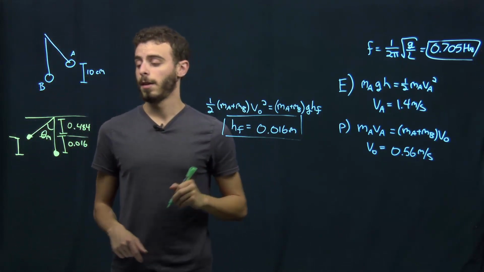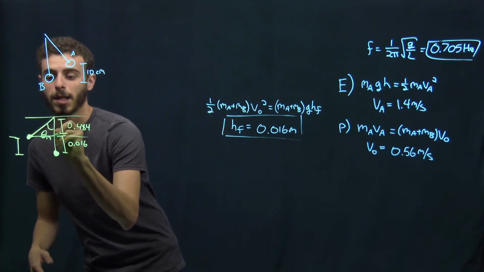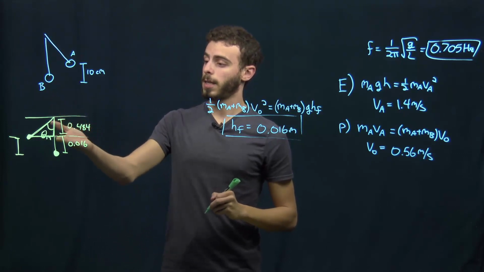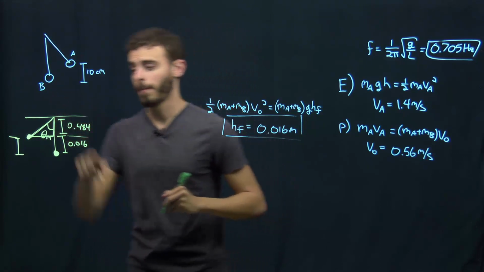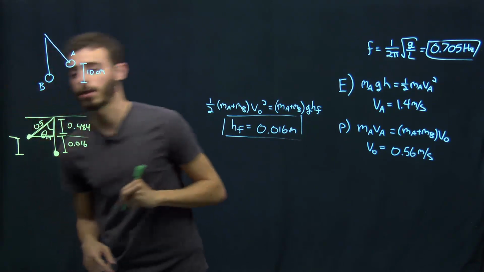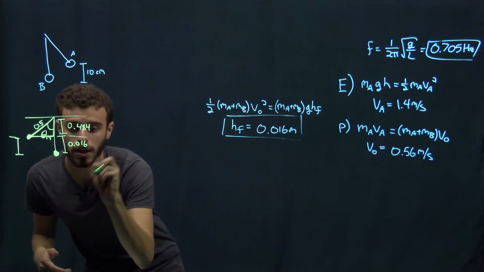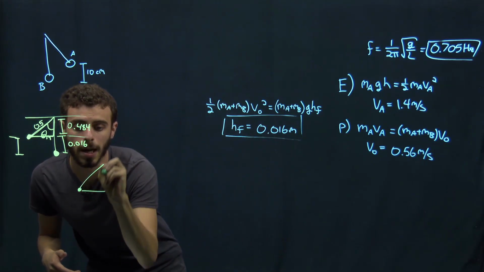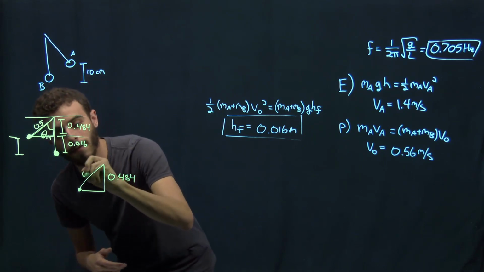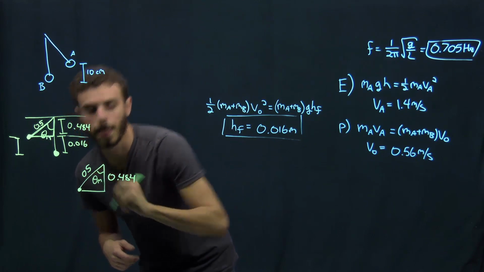And so this is useful now because what we can do is draw a dotted line right here, and then we can show that, let me highlight this triangle here, is what we want to look at. We know our distance here is 0.484, and then this right here is just going to be a length L. This is just our string, so 0.5. So let's go ahead and redraw just this triangle, which is to say we have a triangle of one side 0.484, of the length here 0.5, and then theta m.